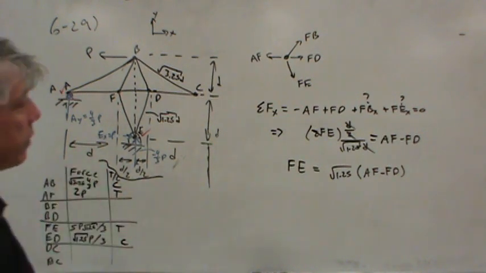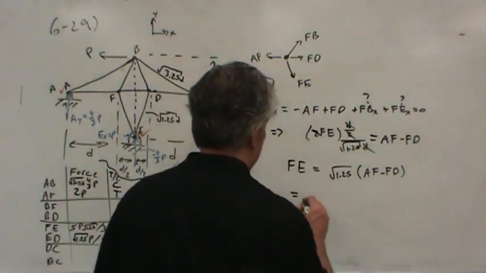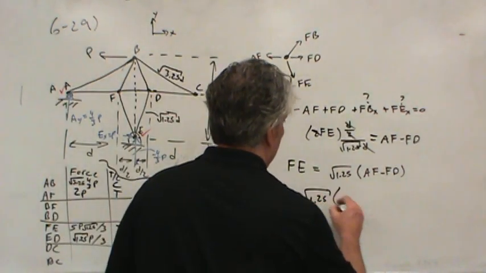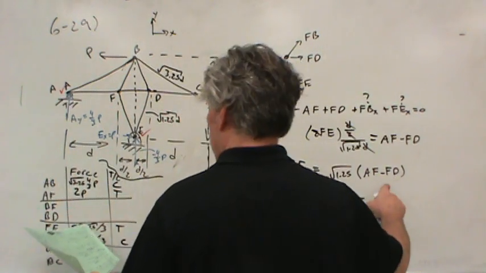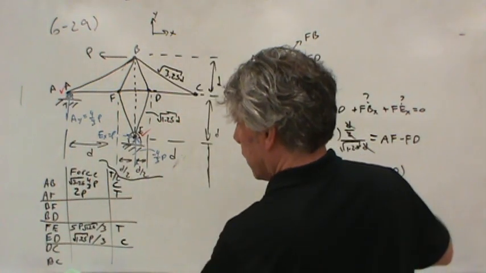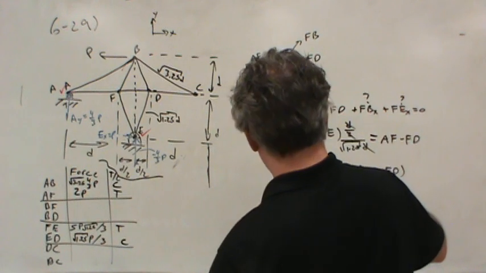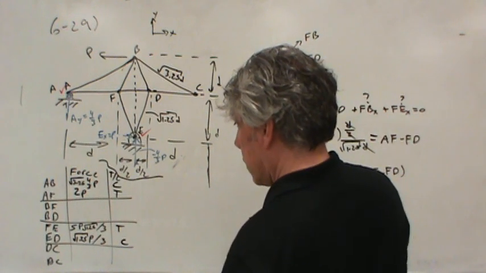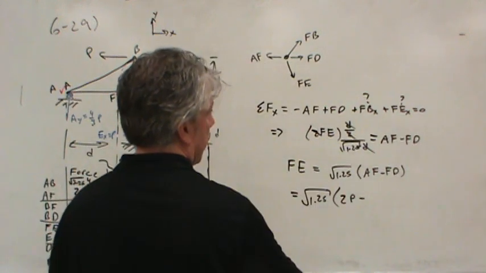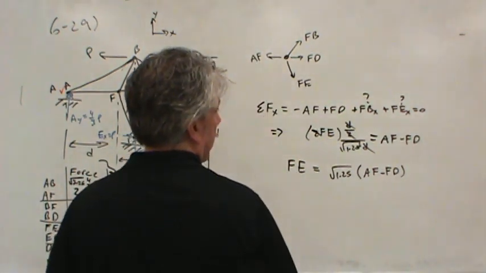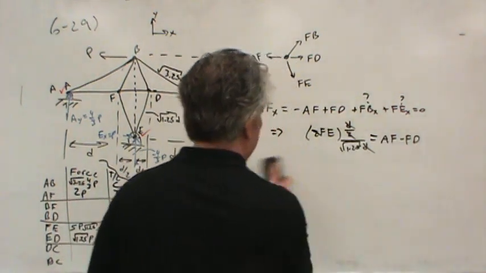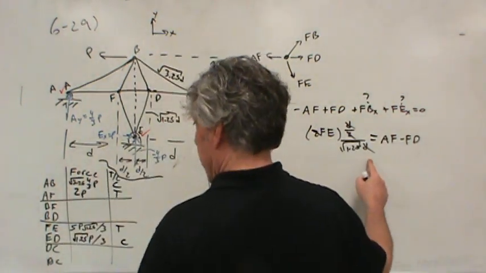And I went a different way when I saw this before, so let's just continue at the board. So root 1.25, AF is 2P, it's in tension. FD, oh, is it FE that we know? Huh, we know FE. I solved for the wrong thing. Let me try that again. Yeah, let me go from here. I already know FE.